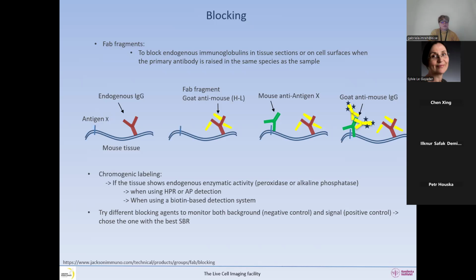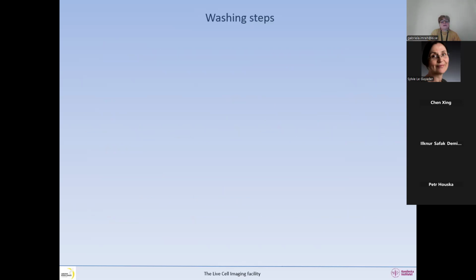Always try different blocking agents, because it will greatly help you to reduce the background and improve your signal-to-background ratio. Always use the same blocking buffer for diluting the antibody that was used for the blocking step. So you have the optimal assay conditions.